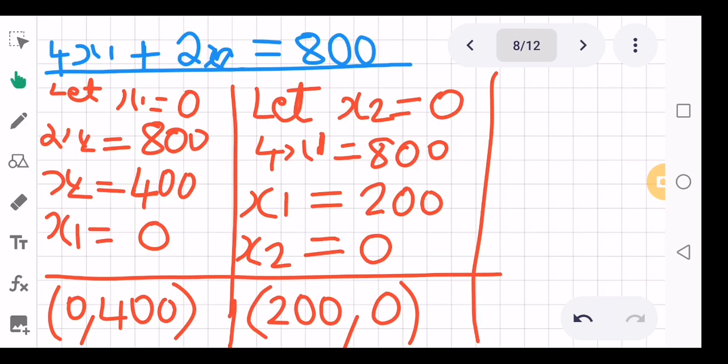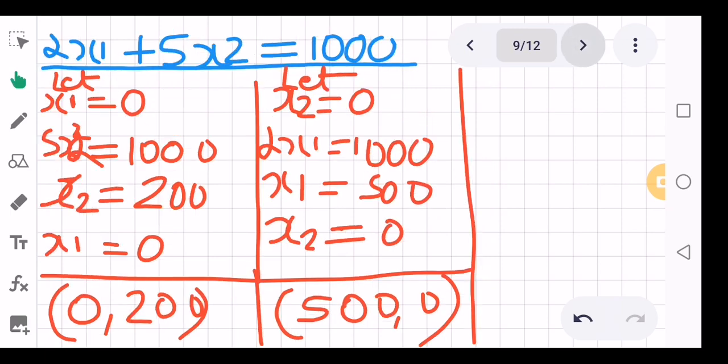After joining this point and this point, the line which we will get will be representing this constraint. And after joining this point and this point, the line which we get will represent this constraint. To represent this constraint we need some points, right? So these are the 2 points that we found out by assuming first that x1 is 0 and then by assuming x2 is 0.